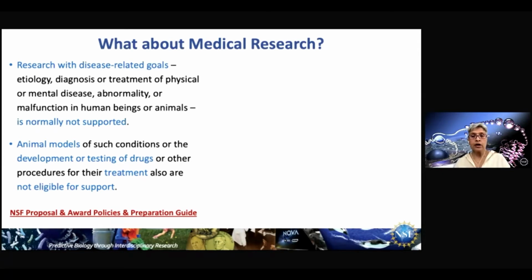prohibition, if you will, a bit, it's really aimed at avoiding duplication of effort and mission across the many federal agencies that support life sciences research. And of course, you know that funding medical research in humans is the primary mission of the National Institutes of Health. So we're trying to avoid duplication of effort.